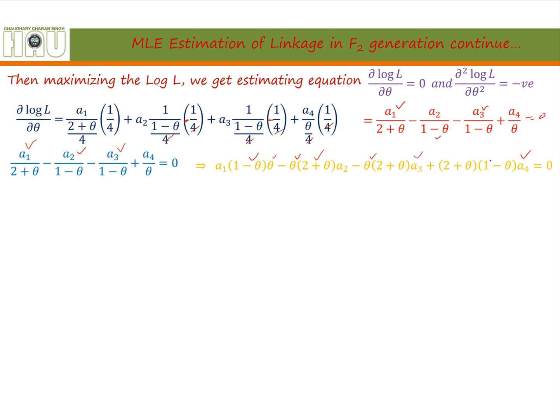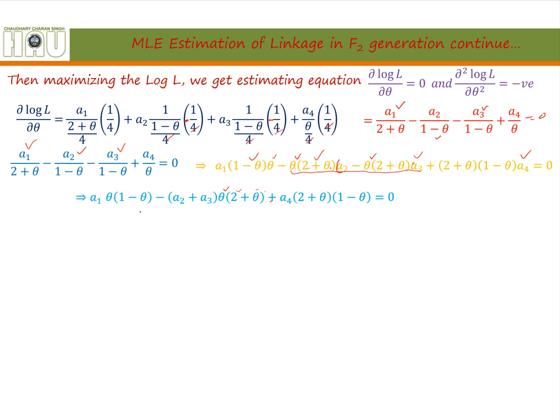Then I just rearrange these thetas and a1 and a2 like this. So a1 into 1 minus theta. Now from these two, minus theta into 2 plus theta is common in these two terms. So I take theta into 2 plus theta common. So what is left? a2 plus a3. So a2 plus a3 into this and a4 as such.